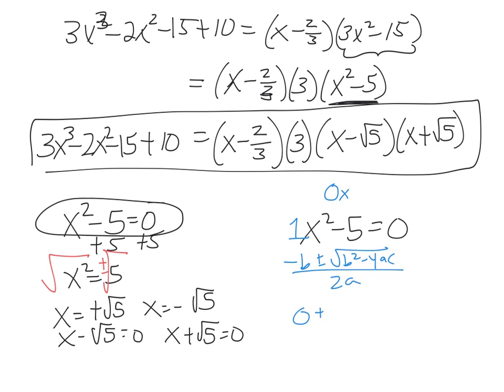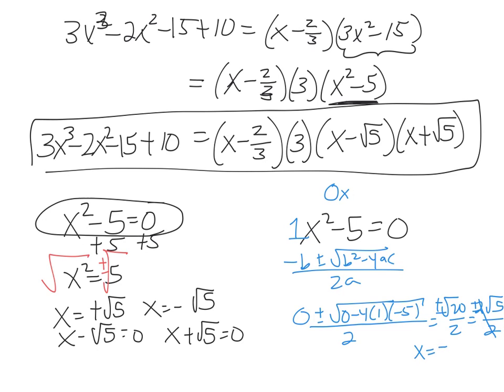So we would say 0 plus or minus the square root of 0 minus 4 times 1 times negative 5 all over 2, which is the square root of 20 over 2, which is 2 square roots of 5 over 2, because the square root of 20 is the same as the square root of 4 times 5, so the square root of 4 is 2. These 2's cancel, and we get, forgot to carry my plus or minus there, so we get x is equal to plus or minus square root of 5. The same that we got just taking the square root of both sides.